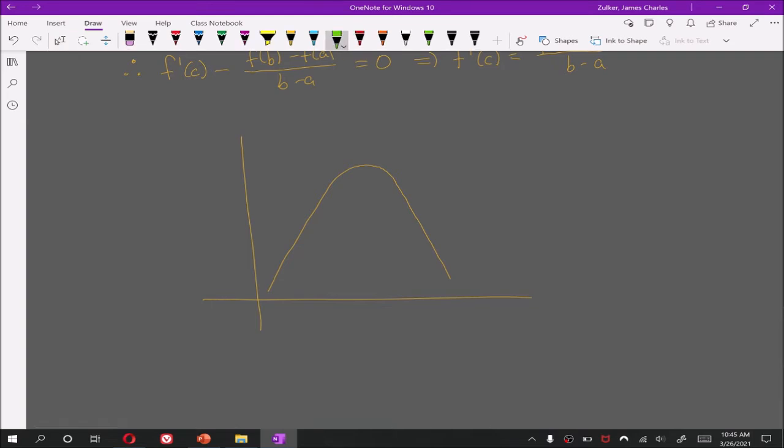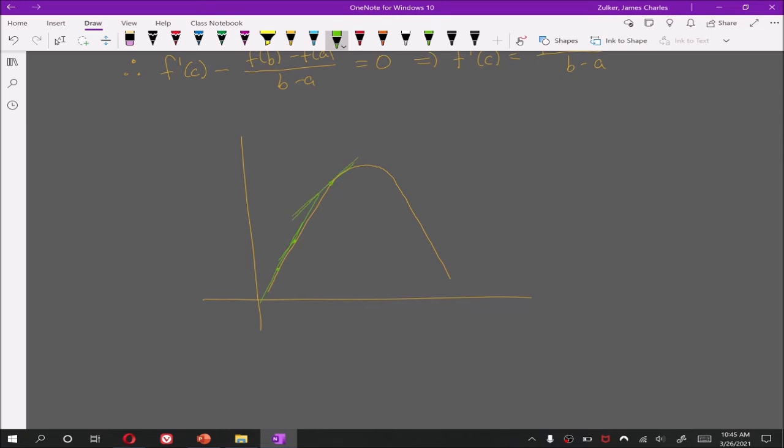As we move from left to right, decreasing means that those values are getting smaller. If we look at tangent lines, so we'll have one there, right? We'll have a tangent line here. We'll have a tangent line here.